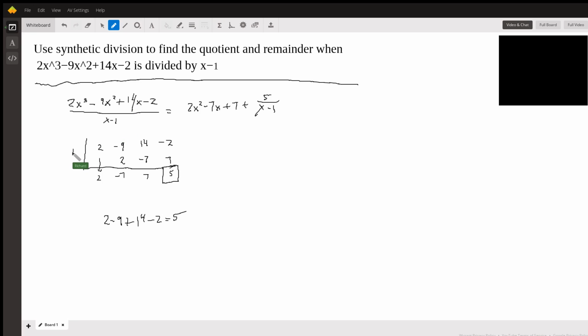So for example, if 1 were a 0, when you plug it in, you'd have a remainder of 0, but here you have a remainder of 5. So this is just telling us that when you plug in 1, you're going to get 5 as a remainder, but you'll also get a function value of 5. In other words, f of 1 is equal to 5.